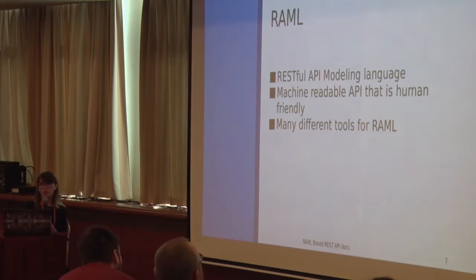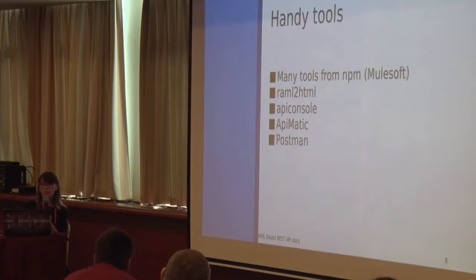You can use, for example, MuleSoft's NPM package in order to transform RAML to HTML, and there is also, for example, API Console where you can get a live demo of your service just from that documentation. Those handy tools can be used widely, and there is no license, so you just need to install them and use them.